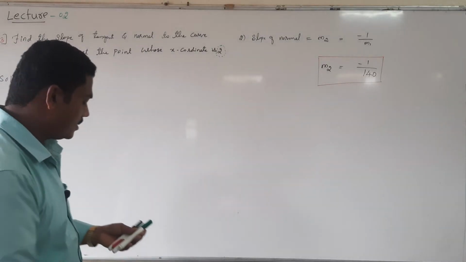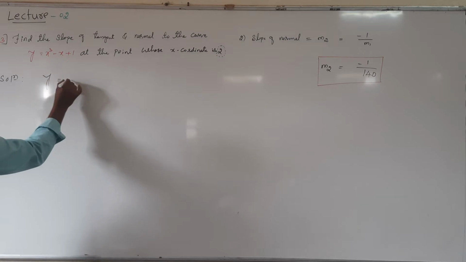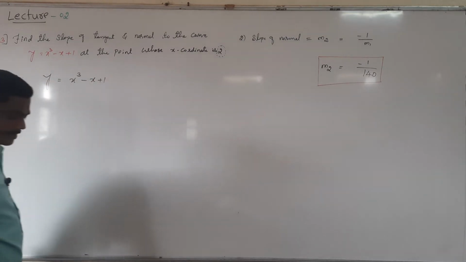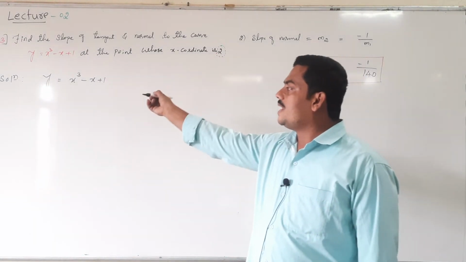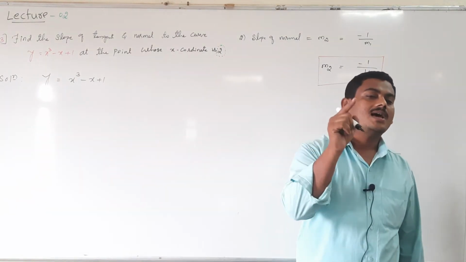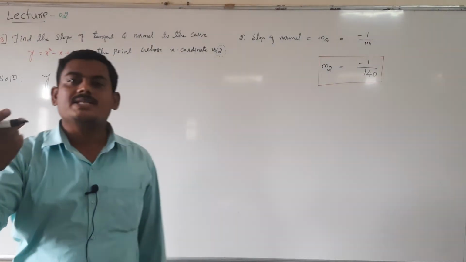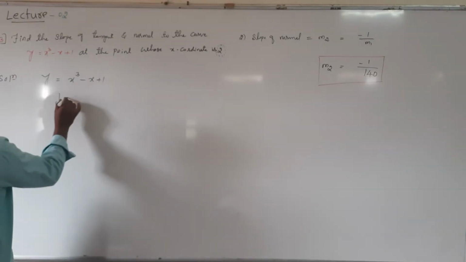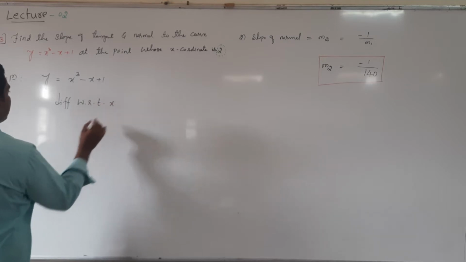Consider the given curve y equal to x cube minus x plus 1. This is our given curve. For this curve we need to find the slope of the tangent and slope of the normal at x equal to 2. Differentiate with respect to x.